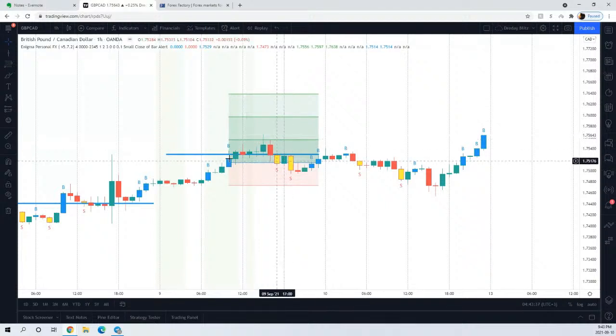So the entry was right here for buy, and then hit TP1, and then went back to your entry. So usually, if you're in profit here and it's TP1, make sure that you put your stop loss at break even, so that way if the market goes against you, you're not losing money. That's the best tip that I could give you, guys. Make sure you do that. So when you're in profit and you're hitting your TP1 or regardless, make sure you put your stop loss at break even.